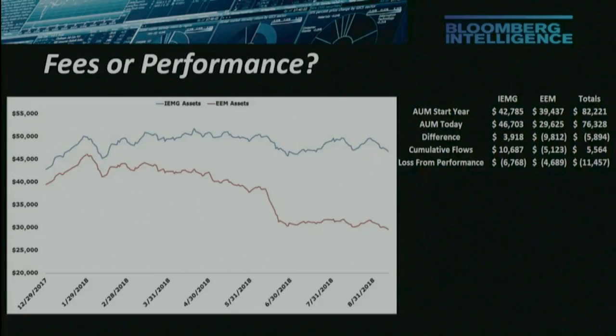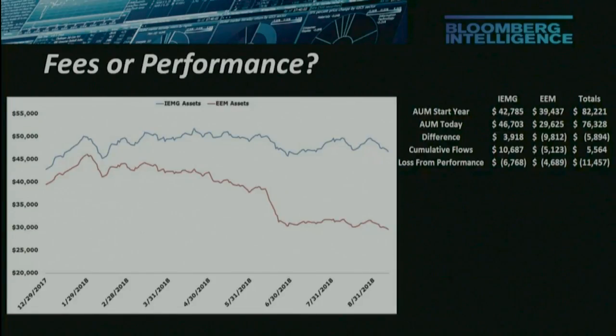So even as emerging markets have been going down this year, money's still been piling into IMG. You can make the case that that's just dollar cost averaging, which is good behavior. But what's actually happening is that this cheaper product has burned cash, lost more money for investors than EEM. IMG has burnt about $7 billion in investor money from losses versus EEM, which burnt only about 4.